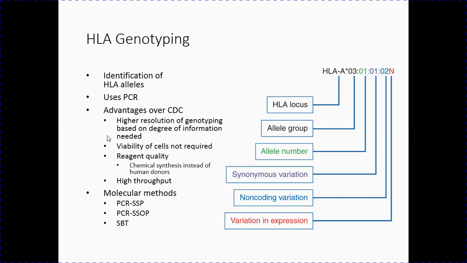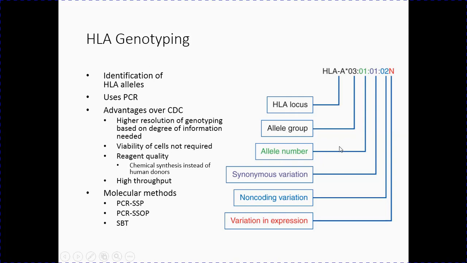So we have a really good opportunity for identification. The picture on the right just shows the nomenclature numbering of this. For each one, when we're doing the typing, we'll have the gene locus. The locus is HLA-A. The allele group is the 03 group.